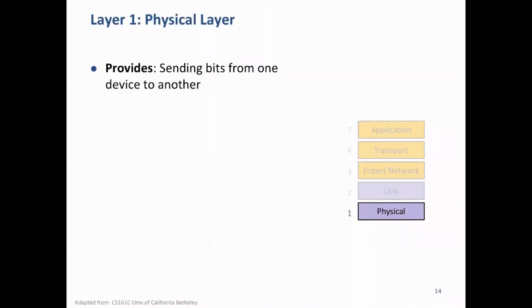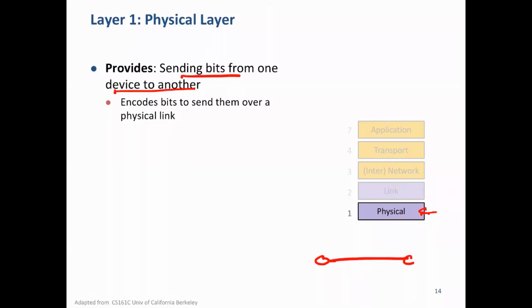So this physical layer is the lowest one. It provides sending bits from one device to another. If this is the link and this is a medium, say copper for example, how do you put signals here? What should be the level of the signal, half volt, 1 volt, 5 volt, or whatever? What should be the gap between two signals, and how do you do coding, right?